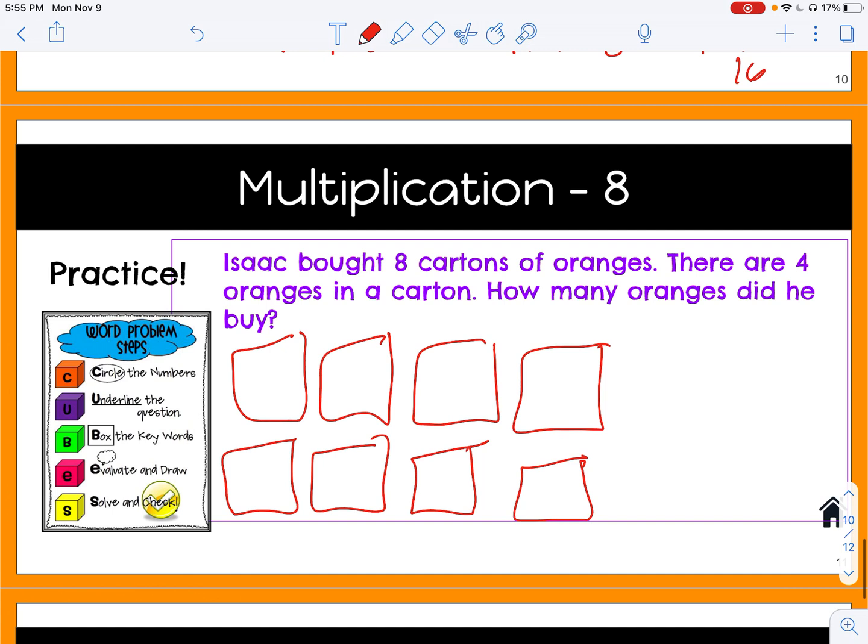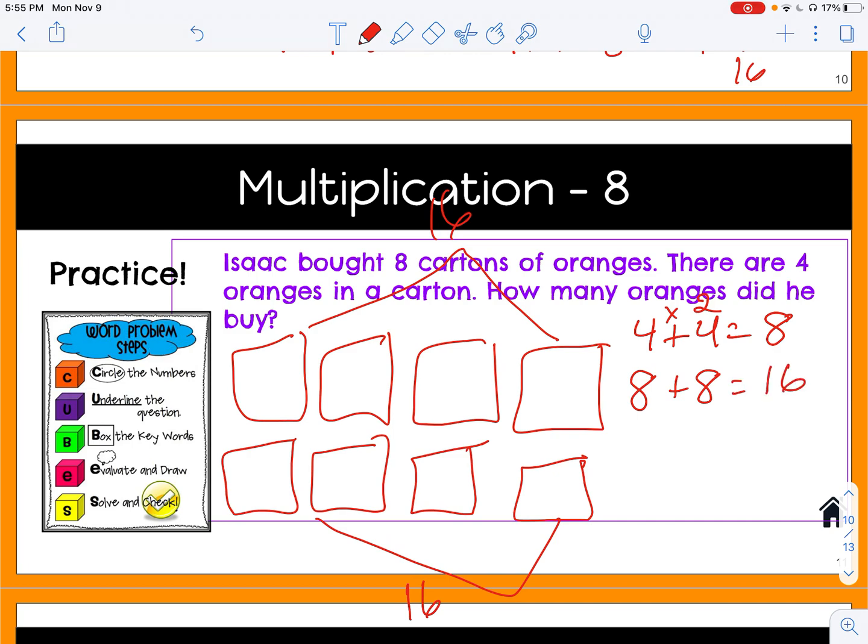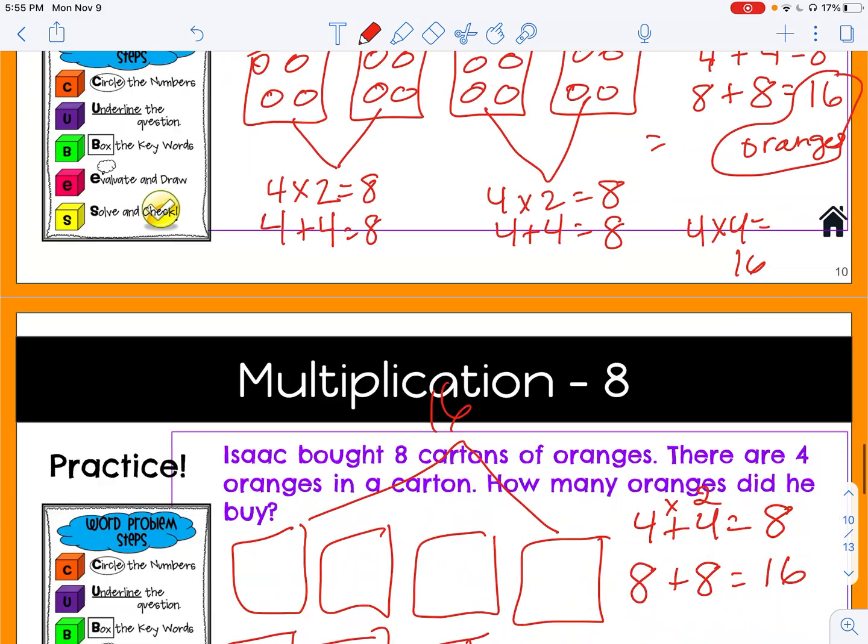That means we can also figure out that all these were 16 and all of these were 16. So we are doubling. So we do 4 plus 4 equals 8, or 4 times 2 equals 8. 8 plus 8 equals 16, which we did up here.